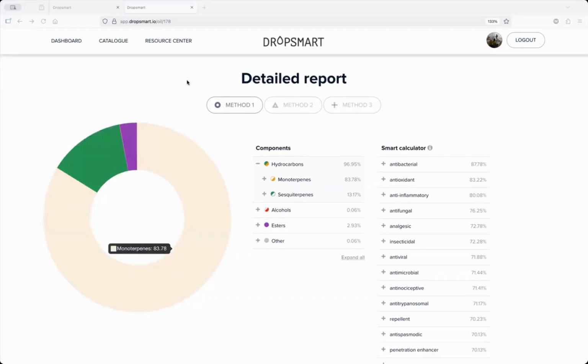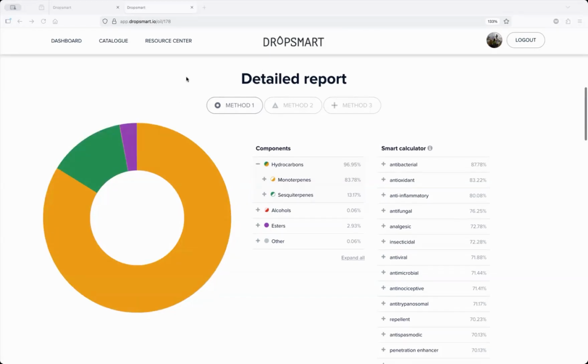So this oil, I'm definitely going to blend it with something that has a middle note and perhaps a little bit more of a bottom note as well. So it would be nice to blend with something like, well, lavender is a middle note, so you can do it with that.